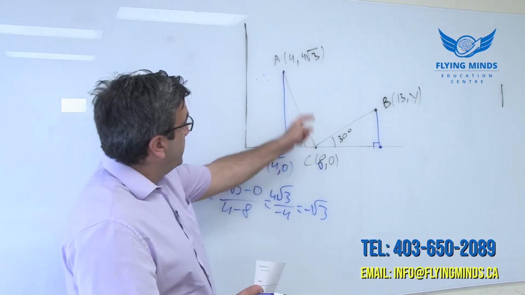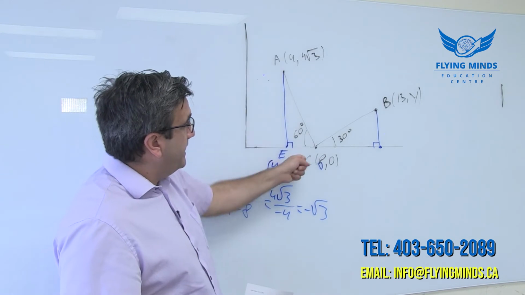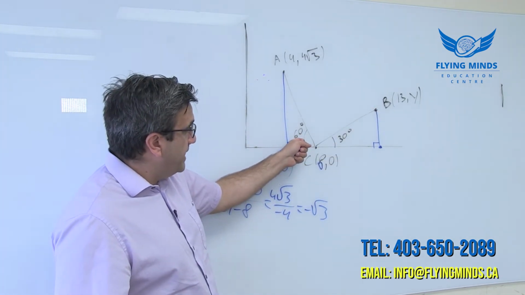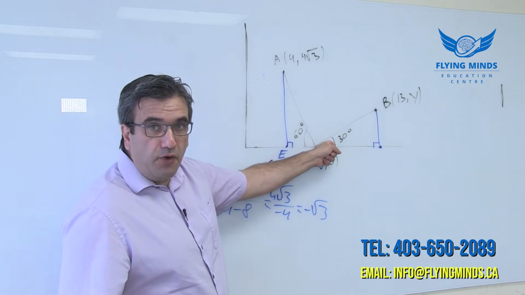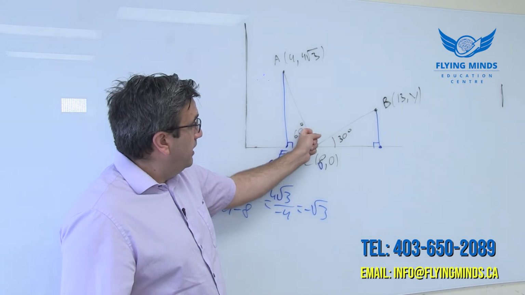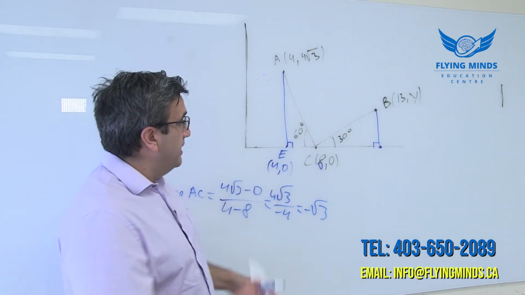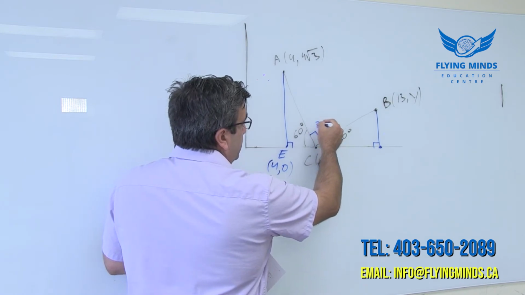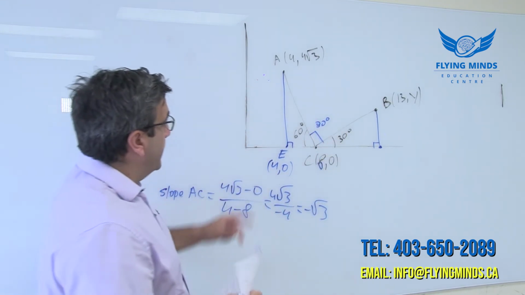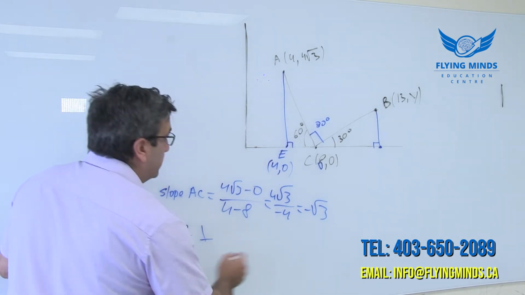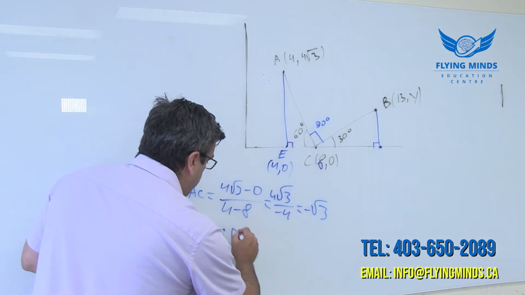Now, what can we say about AC and CB? Looking at the diagram, we can see that this angle is 60, this angle is 30, and those are supplementary angles, so they add up to 180. It means that this angle will be 90 degrees. So it tells us that AC is perpendicular to CB.